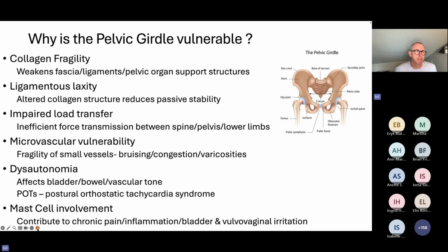Well, it's vulnerable because of collagen fragility, and that reduces the ability of fascia and ligaments to support the pelvic organs. Ligamentous laxity, because the amount of elastin that's in hypermobile patients' tissues is greater. So we also have an altered collagen structure, which reduces the passive restraint in these tissues, and therefore the passive stability.